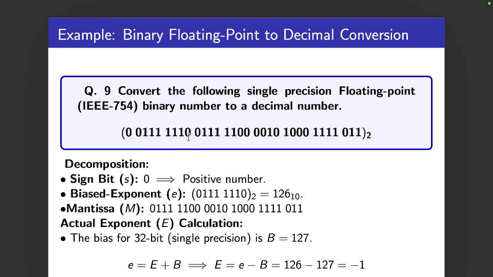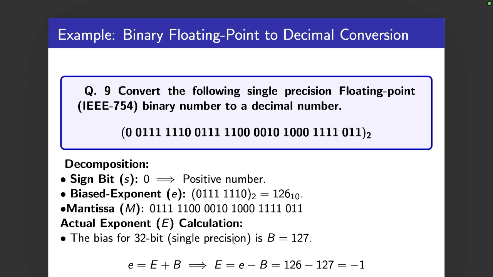Converting this biased exponent part to decimal gives 126 in base 10, and the rest is 23 bits. These 23 bits are the mantissa, or fraction.